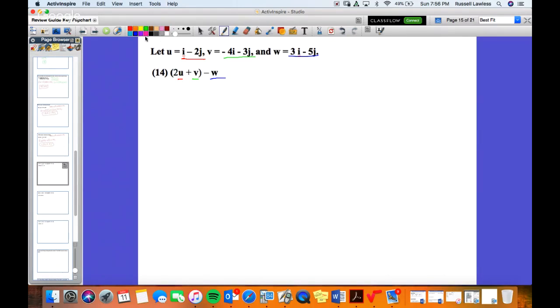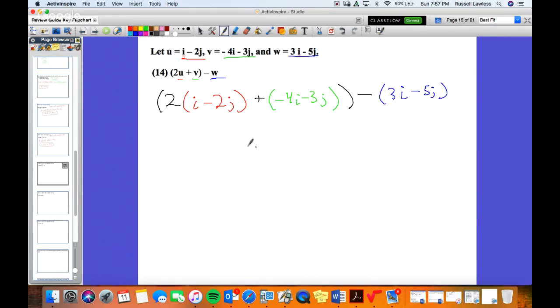And so let's look at this. We're going to have the parentheses of 2, multiplied by i minus 2j, which is then added to vector v, which is negative 4i minus 3j. That is then subtracted by w, which is 3i minus 5j. This looks like essentially an algebra problem.